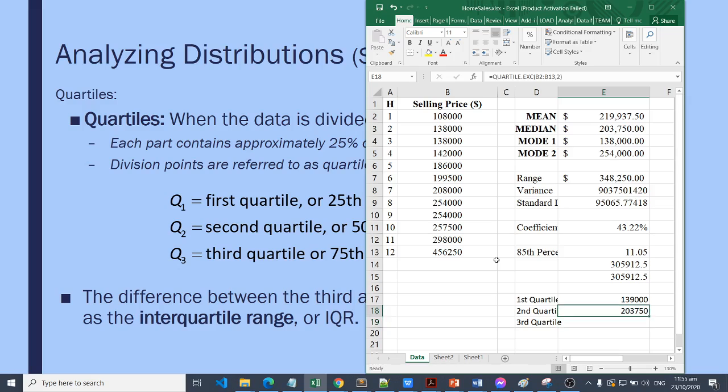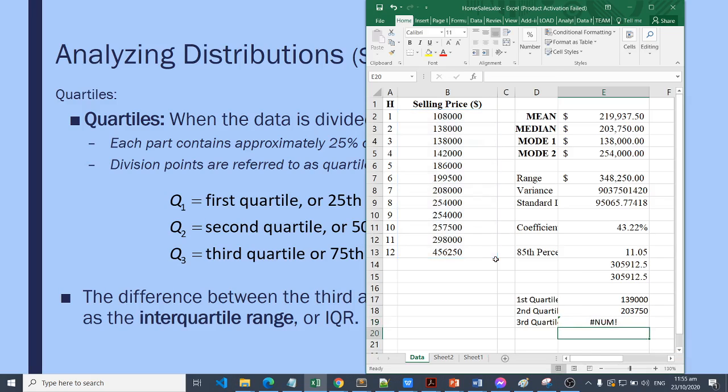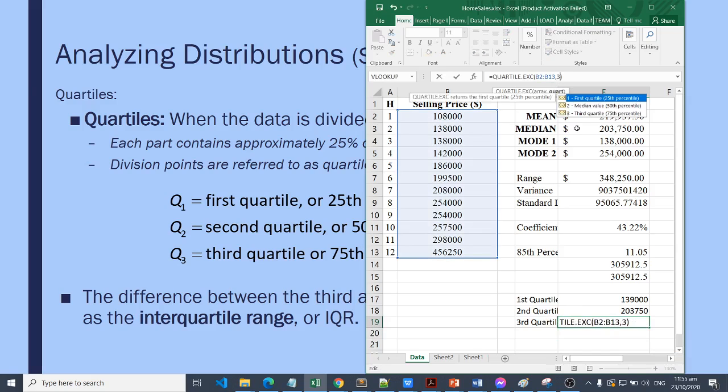Okay, and for the third quartile, it is equal to QUARTILE.EXC and the range of the data set, and choose the third quartile, the 75th percentile. We have to choose 3. Okay, enter.